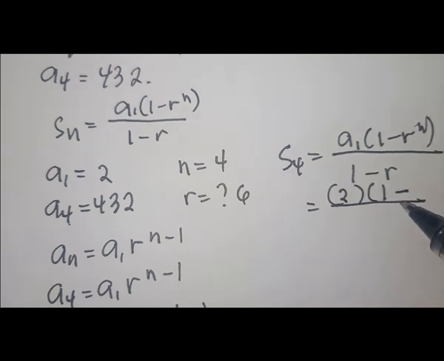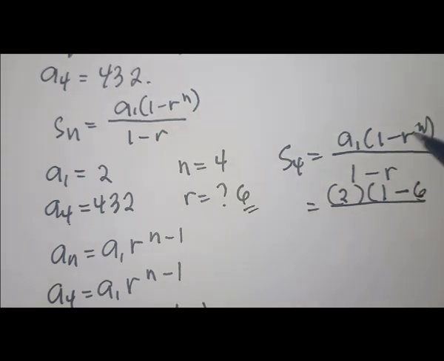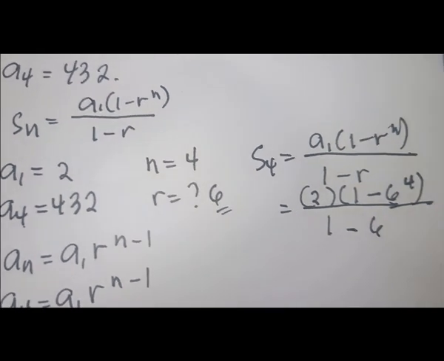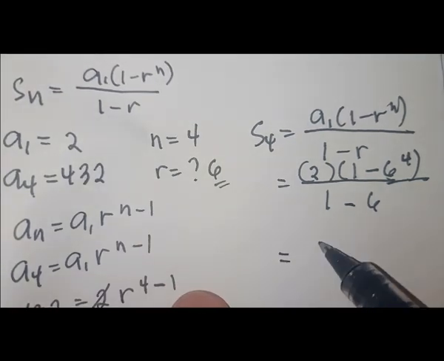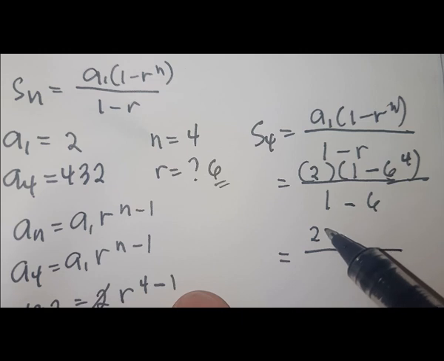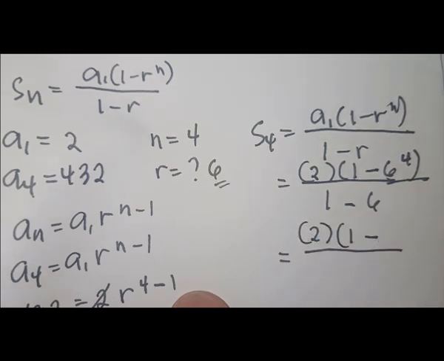We have 1 minus, ang r natin daw ay nakuha ay 6. Ang n natin ay 4. Over 1 minus 6. Okay, so meron tayo ngayong 2 times 1 minus 6 raised to 4 is 1,296.